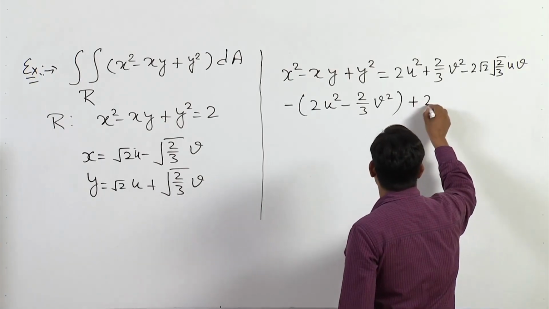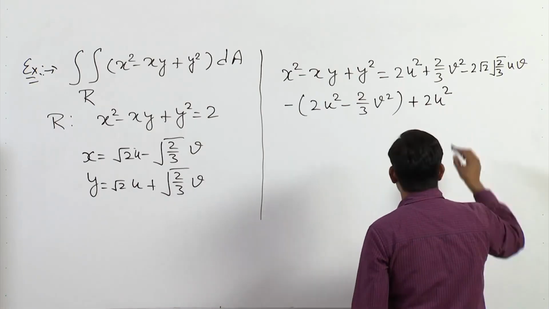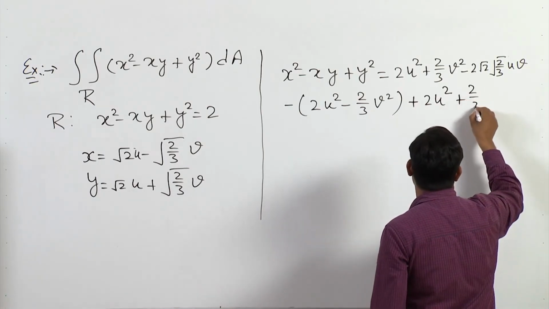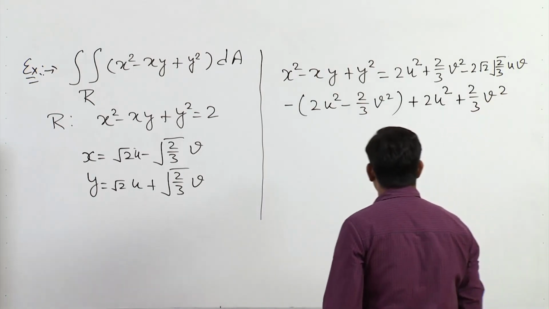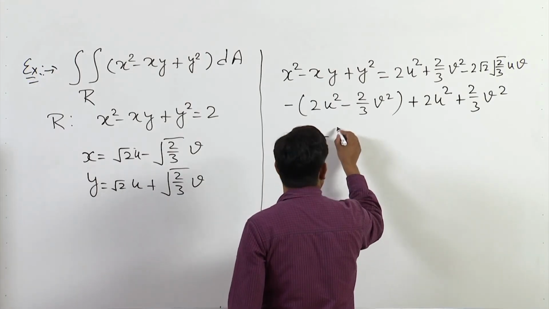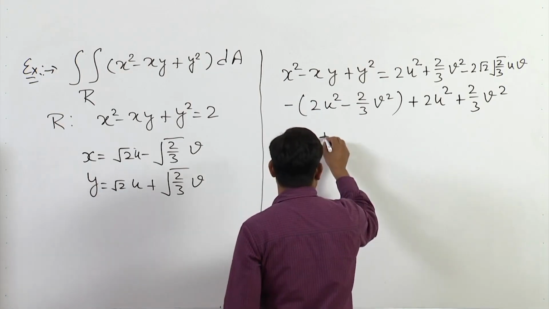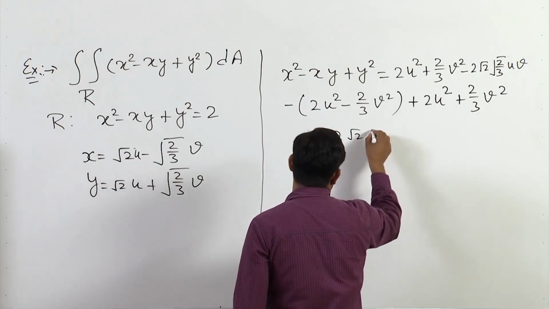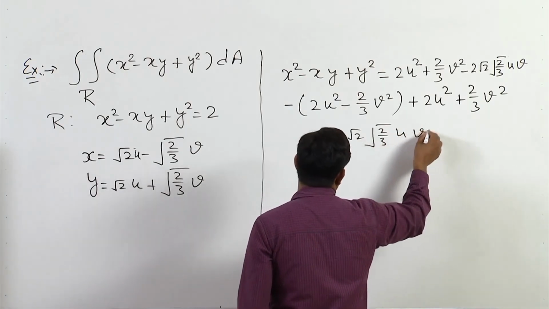So, plus 2 u square plus 2 by 3 v square plus 2 times root 2 by 3 u into v.